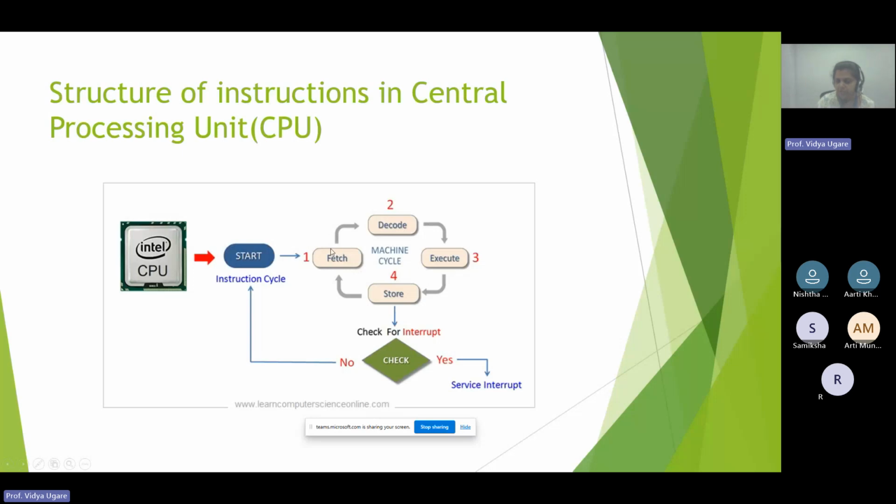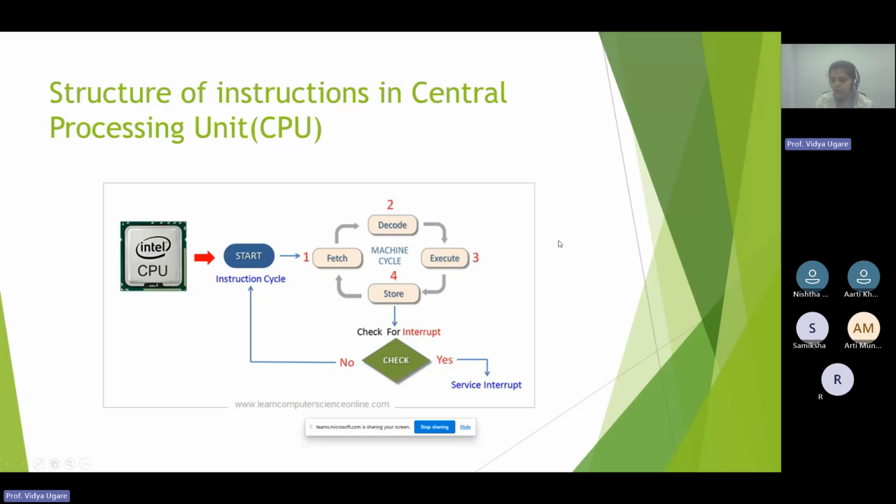What is the first step? It is going to be fetch. Fetch means the instruction is given to the processor. Once it is given, it is going to be decoded, because the processor doesn't understand what you are typing, since everything is in the form of a high level language. So it is going to convert it into machine level language. That is decode. Once it decodes, it understands that the user wants to add 10 and 20.